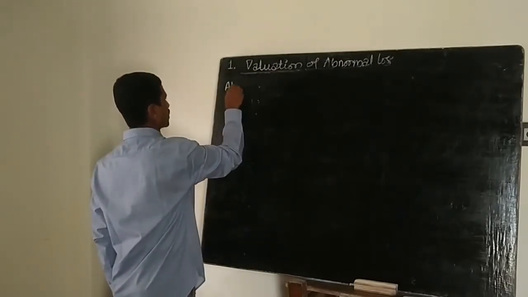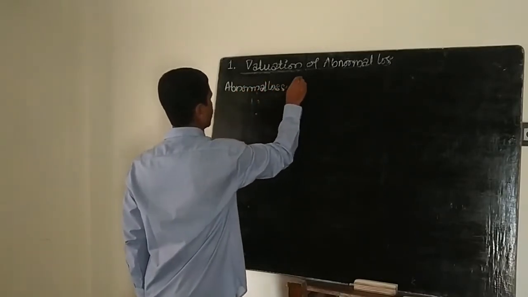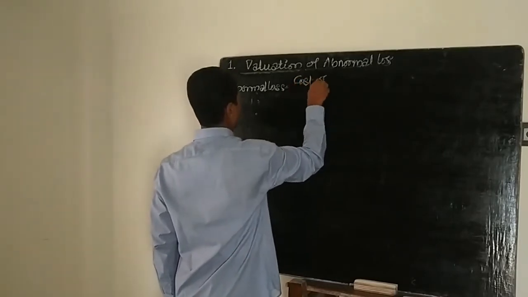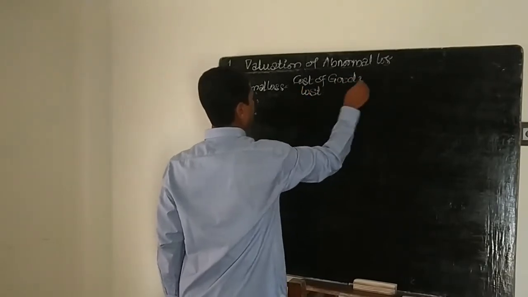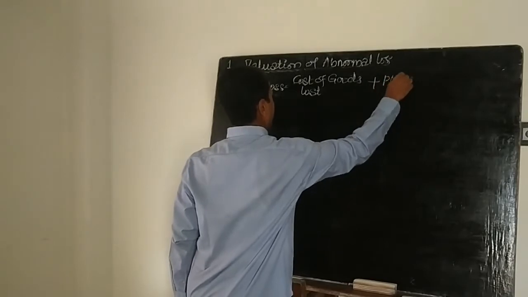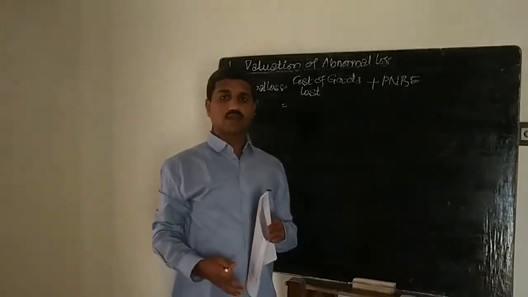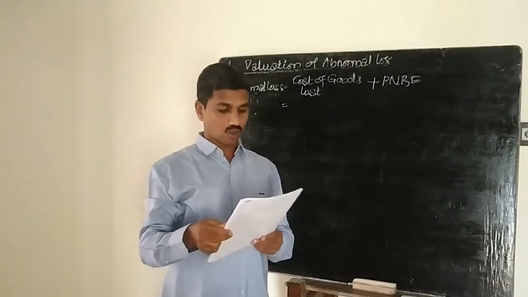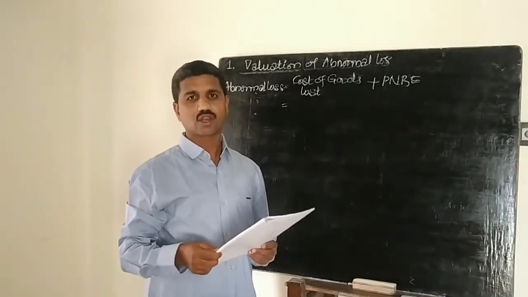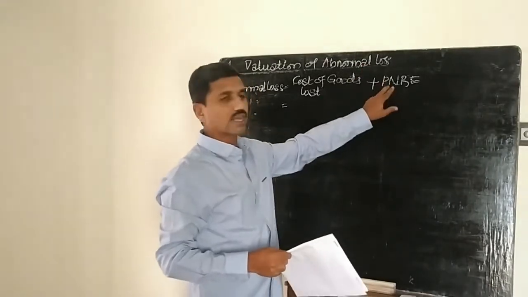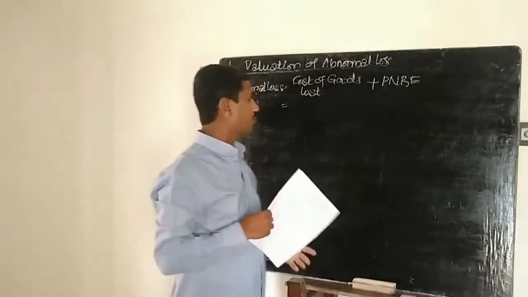Abnormal loss equals cost of goods lost plus proportionate non-recurring expenses. Here the abnormal loss has occurred during the transit. That means before the goods reach the place of consignee, the loss has occurred here. So we should take into account only the proportionate non-recurring expenses of the consignor only.